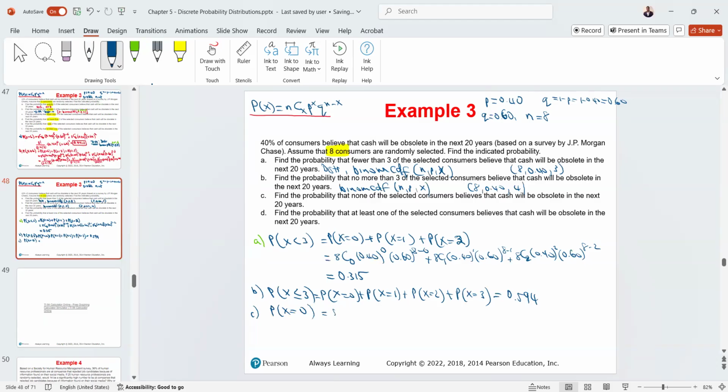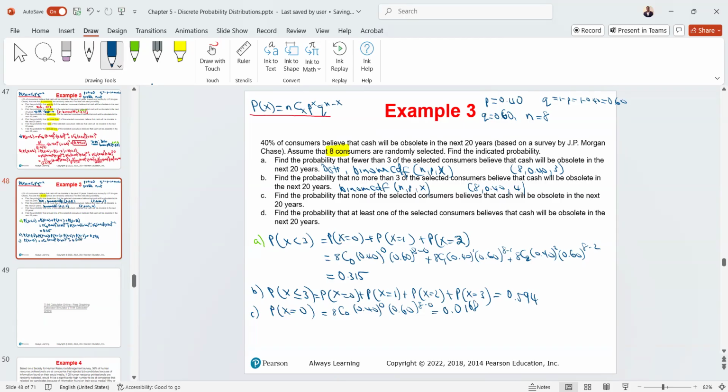So we're going to have 8C0, 0.40 power 0 times 0.60 power 8 minus 0. Remember, any number raised to power 0 is 1. I don't want you to consider it 0. So this probability would be 0.0168.